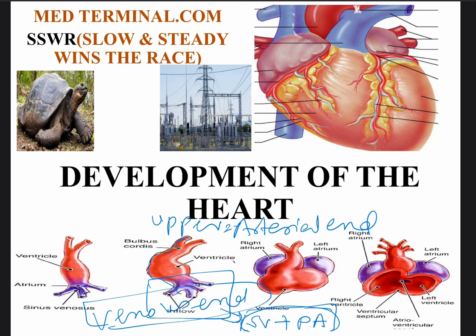I repeat, this lower venous end is represented by sinus venosus and primitive atrium, and this lowermost end goes posteriorly during development of the heart tube, then comes superiorly, and is now known as the primitive atrium.